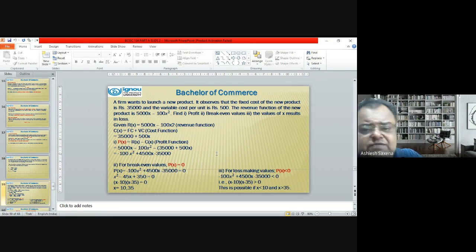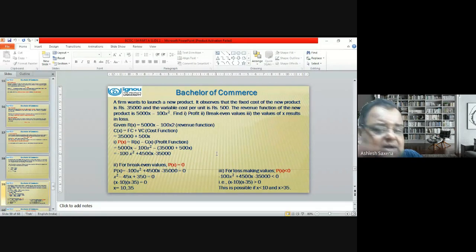It observes that the fixed cost of the new product is rupees 35,000 and the variable cost per unit is rupees 500. The revenue function of the new product is 5,000x minus 100x². You have to calculate the profit, the break-even value, and the value of x that results in loss.